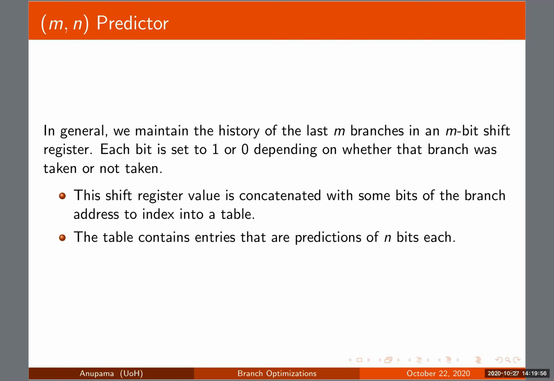Just as in the delayed branch, the compiler decides, okay, I'll put this instruction here instead of there, so that after the branch this instruction will be executed and will not need to be converted into a no-op.